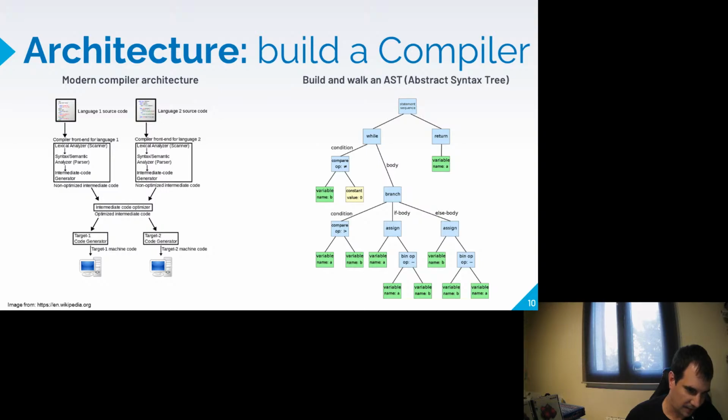So the backend part could optimize the intermediate code and generate the target machine code: the exe of Win32, or an ELF binary for Linux, or Mac OS X, etc. And the syntax and semantic analyzer builds this picture, this AST, abstract syntax tree.